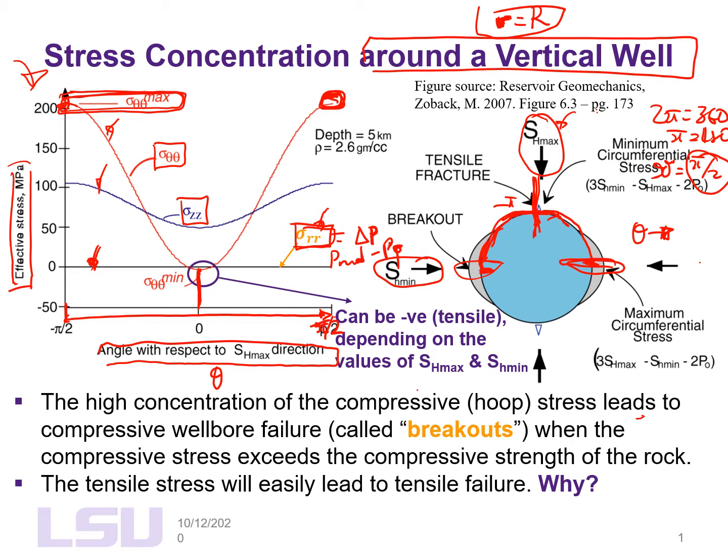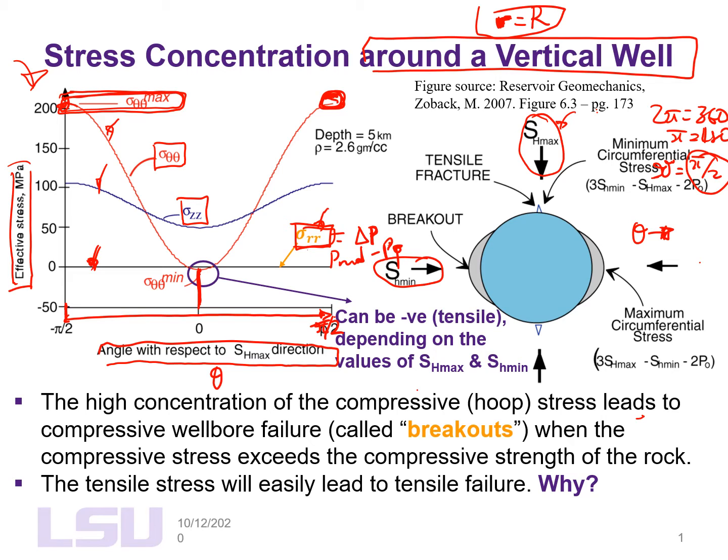So the moral of the story is the effective hoop stress, sigma theta, can be negative, and that's when it actually induces tensile failures, right? Negative means it's tensile, because we're using the petroleum engineering convention where compressive stresses are positive. So tensile stresses will be negative.